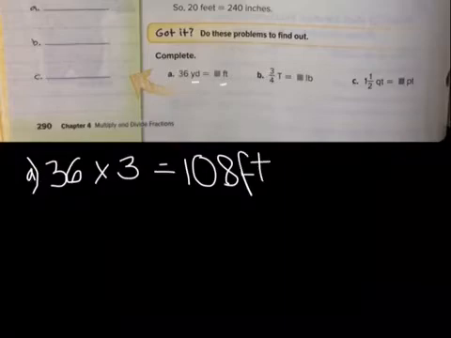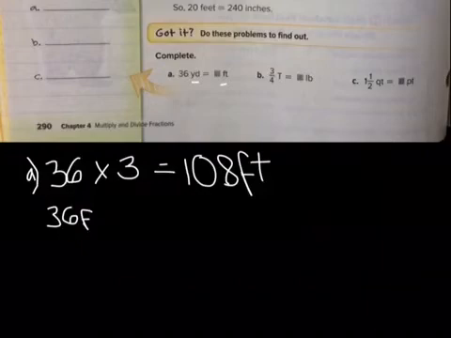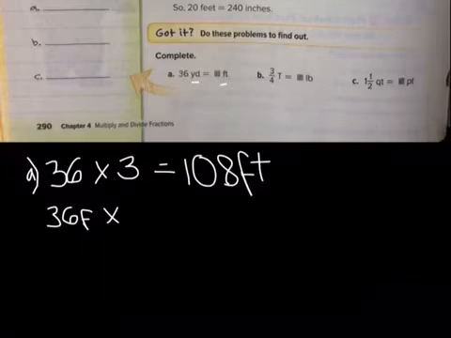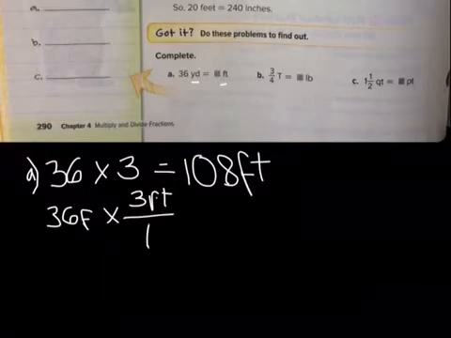So 108 feet. But let's do it the way they did it in the example, where we have 36 feet, right? And we want to multiply it by, we have to solve the ratio. We know that there are 3 feet in each yard. I'm sorry, I wrote this one wrong up here.